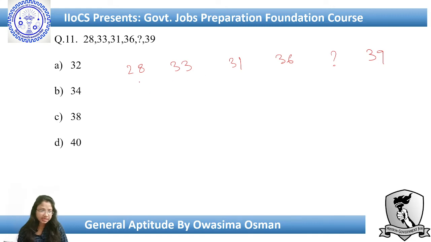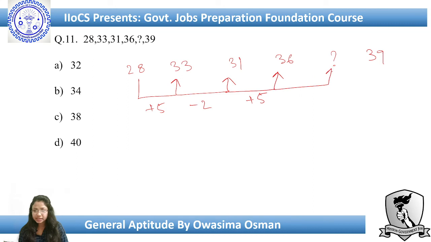So 28, if we do plus 5, we will get 33, and if we do 33 minus 2 we will get 31, and again if we do 31 plus 5 we will get 36.